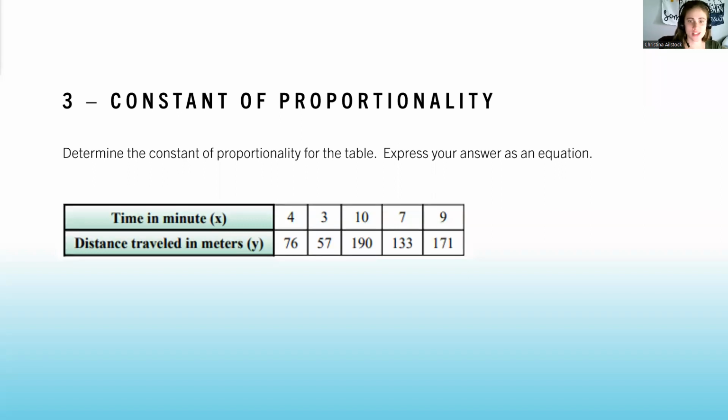And now we're at constant of proportionality, which I had talked about in equation format in that last question. But here we're given a table, and we want to first determine what the constant of proportionality is, and then express our answer as an equation.